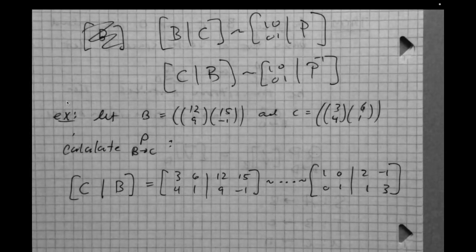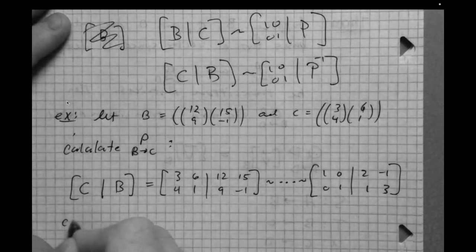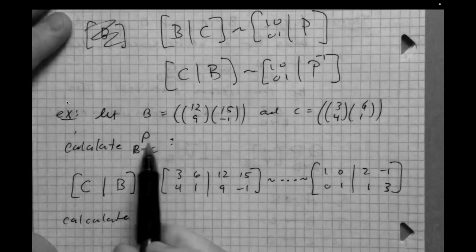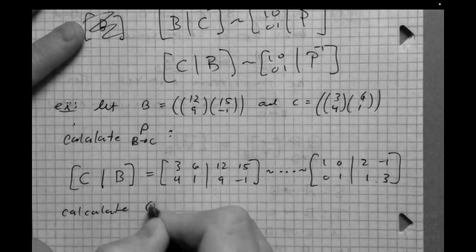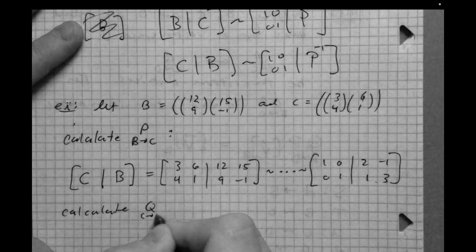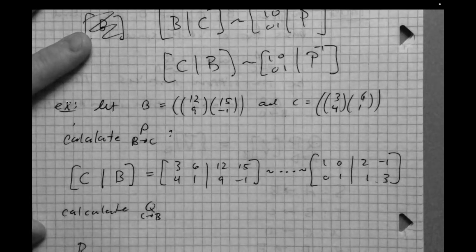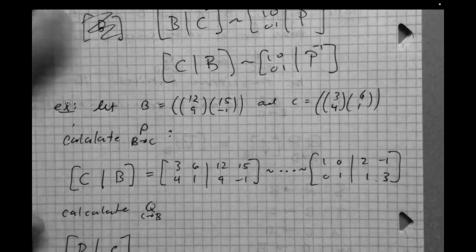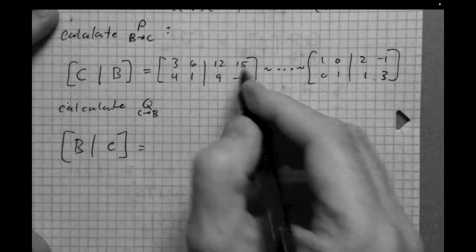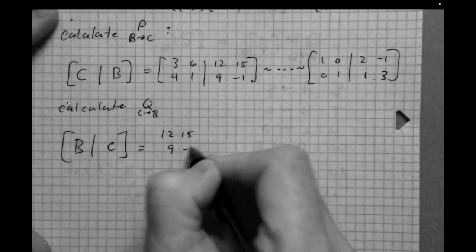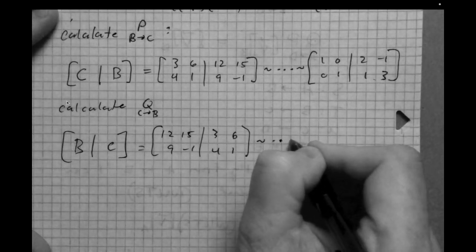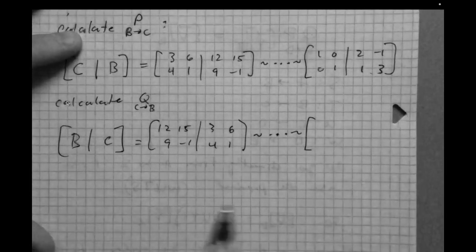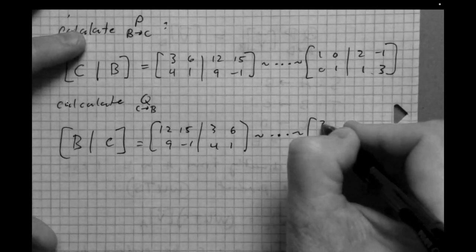What we haven't looked at is Q, which would be the transition matrix from C to B. So we can also calculate that separately. Now, the theorem says that it's merely the inverse of this, but let's do it the other way. So let's calculate Q, the transition matrix from C to B. Here we just flip the order: 12, 15, 9, -1, and then 3, 6, 4, 1. Row reduce that, and we get something that's not as pretty, but it's fine.